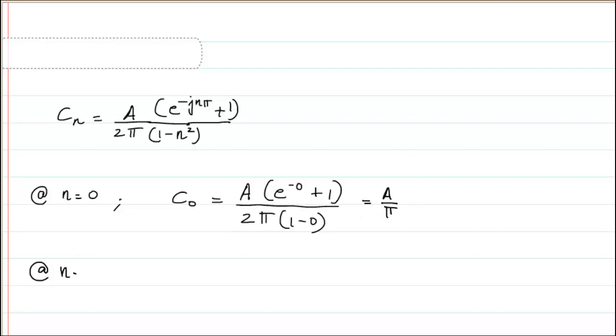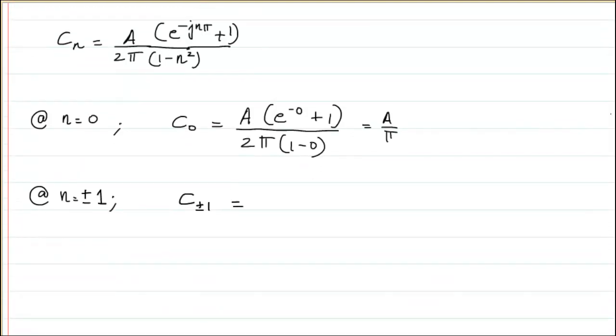Then at n is equal to plus minus 1, because I told you the Fourier transform and Fourier series are going to be even. So whatever is there in plus 1, that same thing will happen in minus 1. So if I write C1 or C plus minus 1, have a look at what is happening.